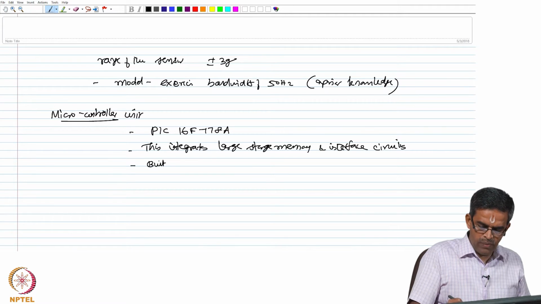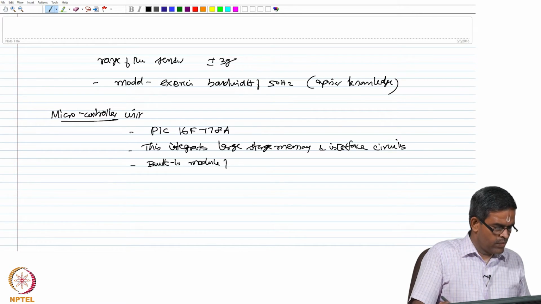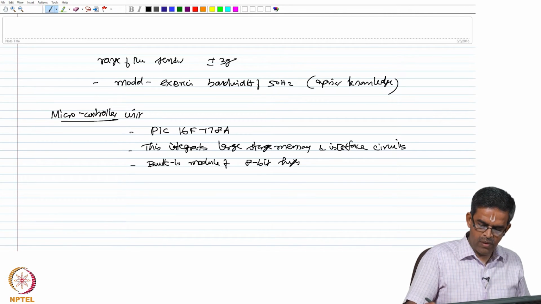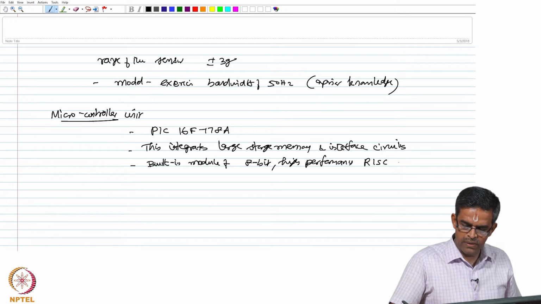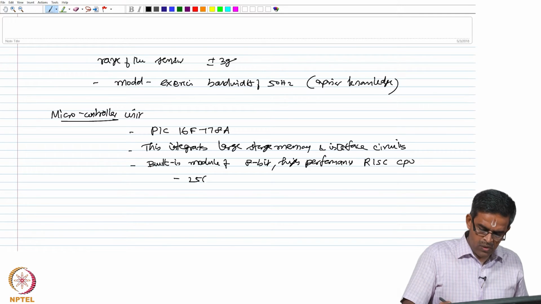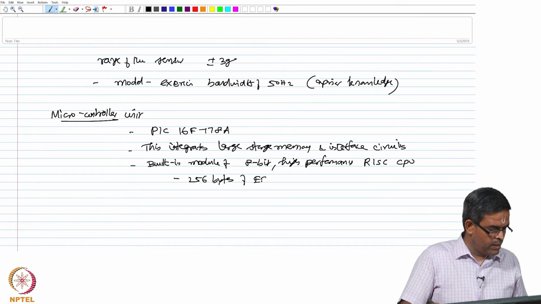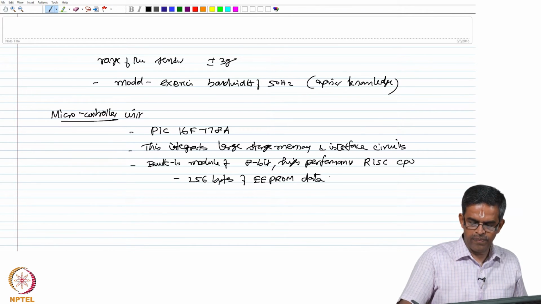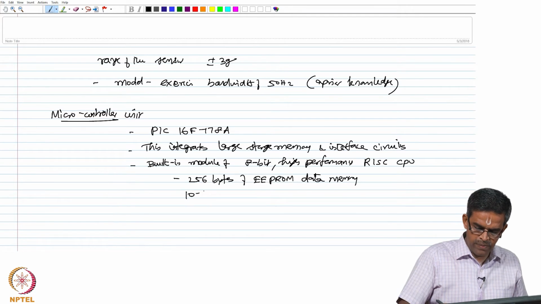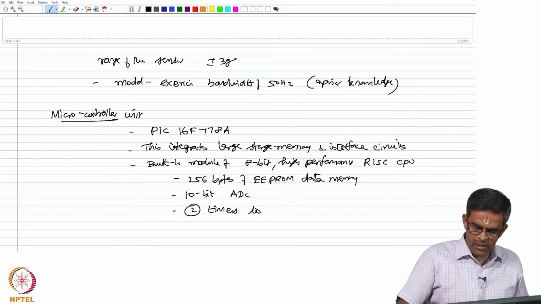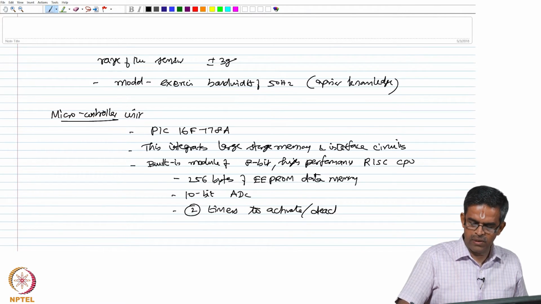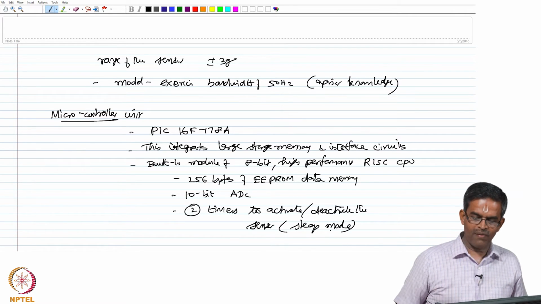It has got a built-in module of 8-bit high performance RISC CPU, which features 256 bytes of EEPROM data memory, a 10-bit analog digital converter, and of course, 2 timers to activate or let us say deactivate the sensor, that is to put the sensor in sleep mode for power saving.